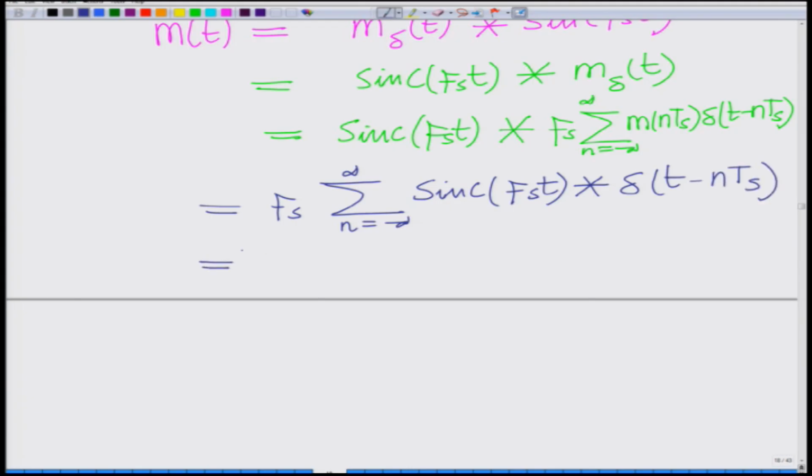Now, a function convolved with delta t minus nTs, the function is simply shifted by nTs. So, that is Fs shifted by nTs.